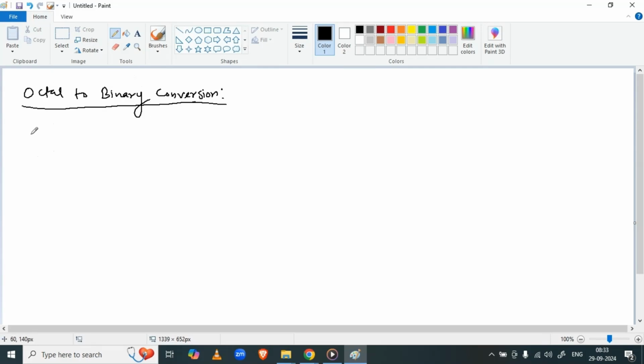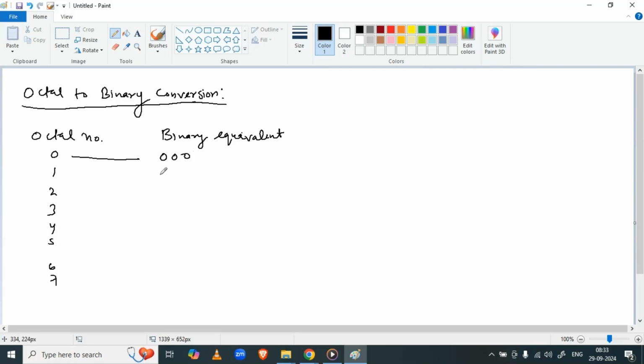First we will write the binary equivalent of the corresponding octal digits. The octal digits are 0, 1, 2, 3, 4, 5, 6, 7, and their binary equivalents are 000, 001, 010, 011, 100, 101, 110, 111.